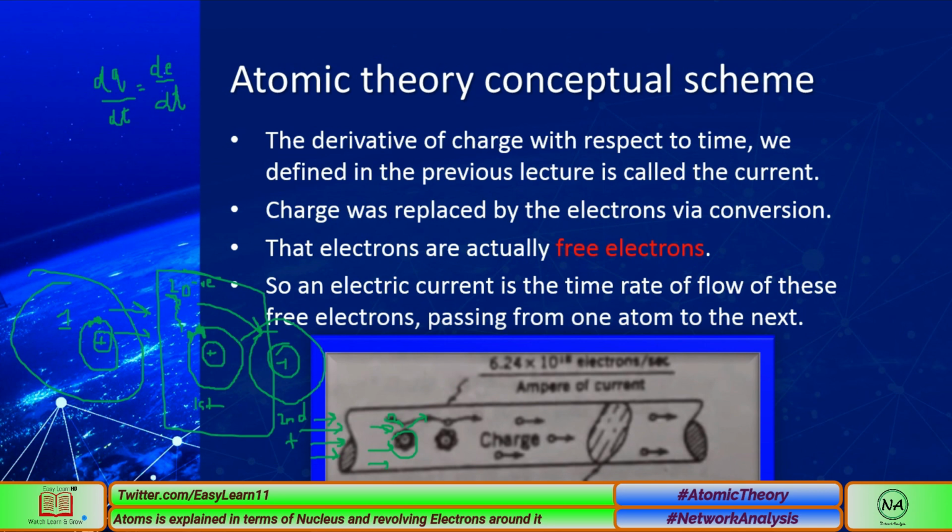With this energy, it will excite one electron of the next atom, which is now in an excited state and becomes a free electron, and it will take the place of this hole, the empty space. Then the striking continues again and again. Basically the electrons are passing from one atom to the next.